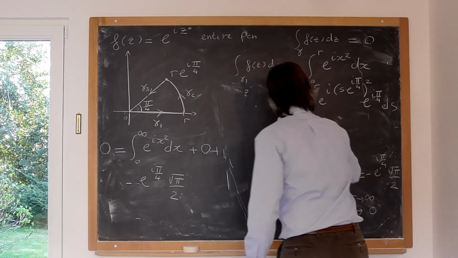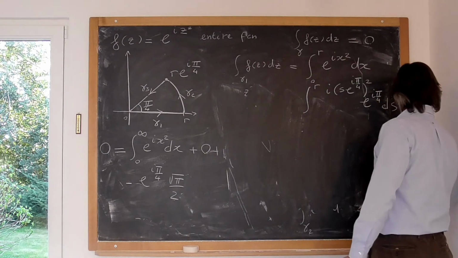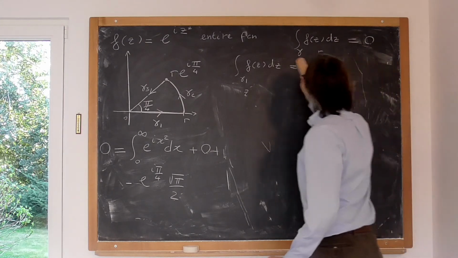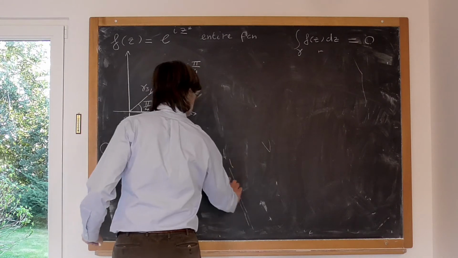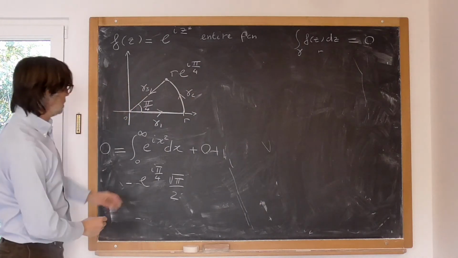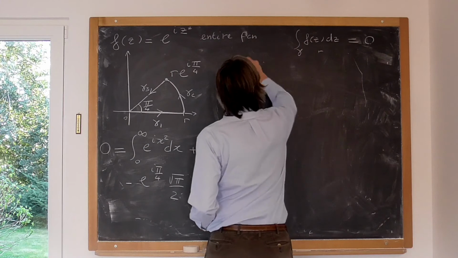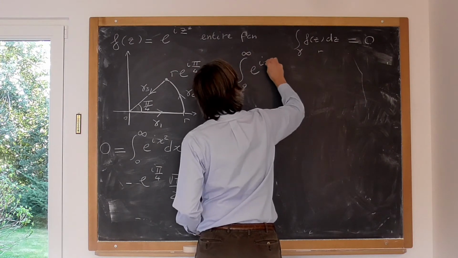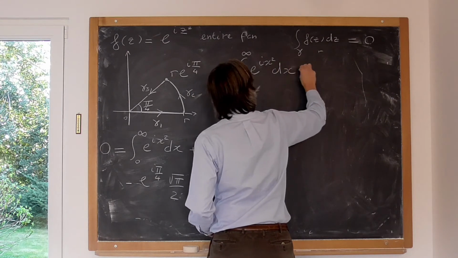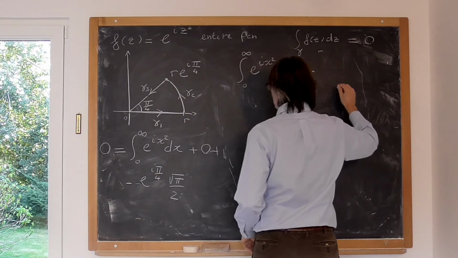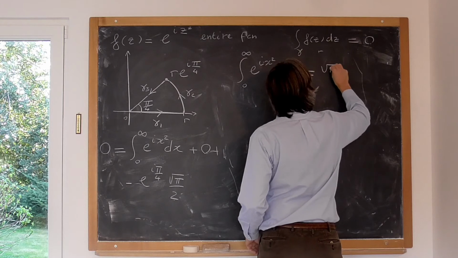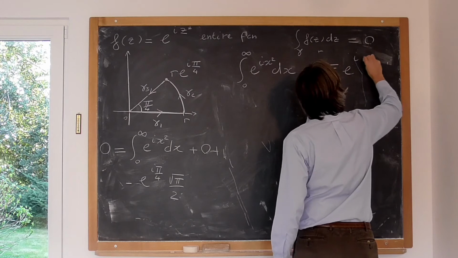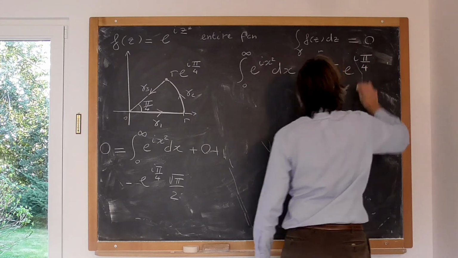now I can get rid of all of this. So here we see that the integral we are interested in, from 0 to infinity of e to the i x squared dx, equals square root of pi divided by 2 times e to the i pi over 4.